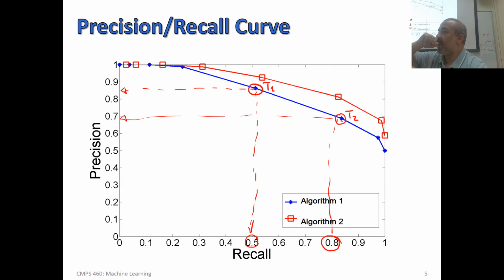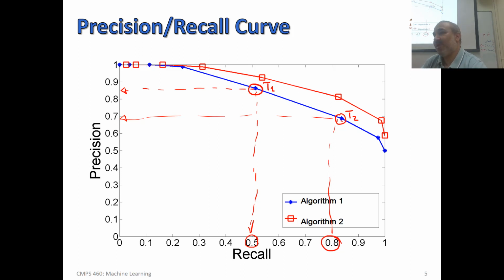If 3 of the votes are positive and 2 are negative, still positive. But how about the confidence in each? With 5 positive, we are more confident than with 3, right? So a score here can be the number of positive votes divided by the total number of votes. So for 5 positive, the confidence is 1. For 3 versus 2, it's 3 over 5. Many classifiers work that way before giving the binary decision.